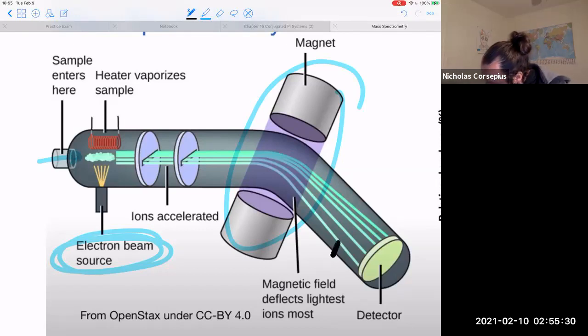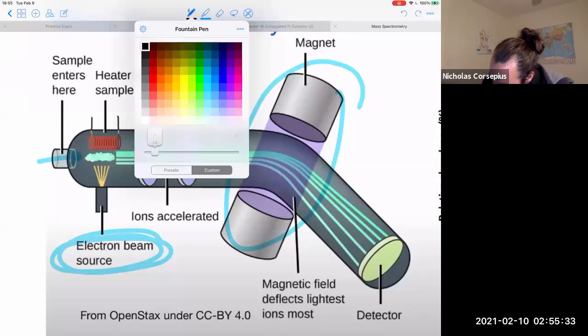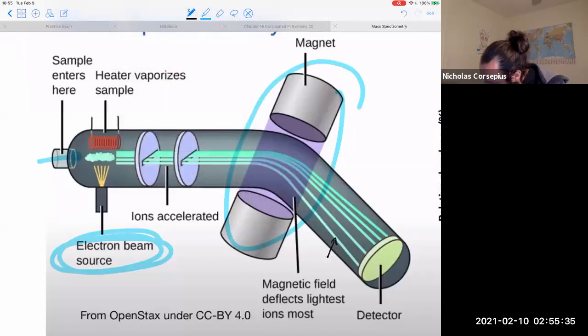So the lighter particles, or least massive particles, will be deflected the most, whereas the heaviest particles, or the most massive, will be deflected the least. And so based on where on this detector those particles hit, we can measure their mass, right? Again, the heaviest hit on one side, the lightest hit on the other, and anything in between will hit in between. So based on where these charged particles are hitting the detector, the machine knows what their mass is.